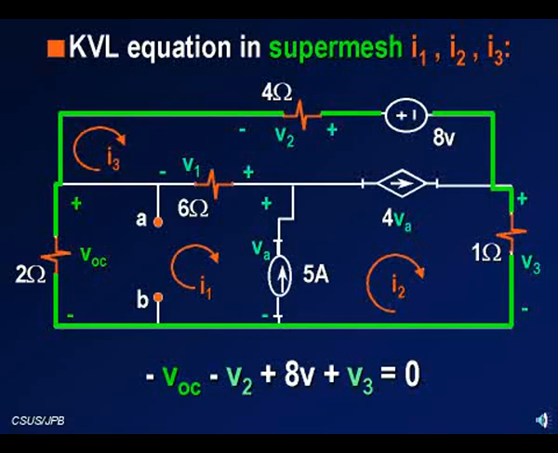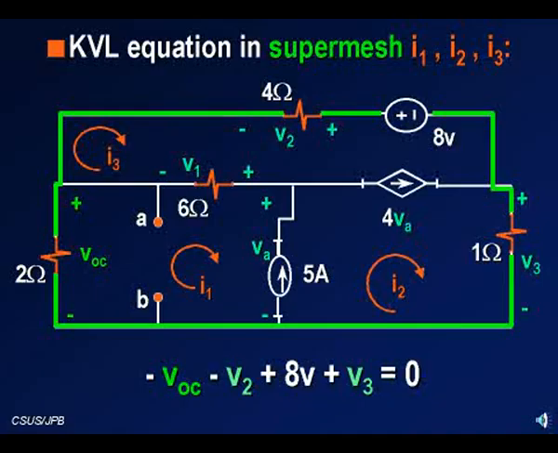Now, in doing the super mesh here, this is an interesting case because we don't actually have a single mesh without current sources. All the 3 meshes have current sources in them. So we don't have any regular meshes without current sources. Now, we also have a case where the super mesh comes from all 3 meshes, not only just 2.